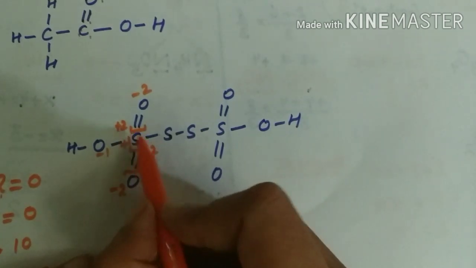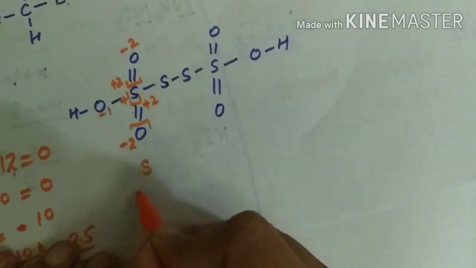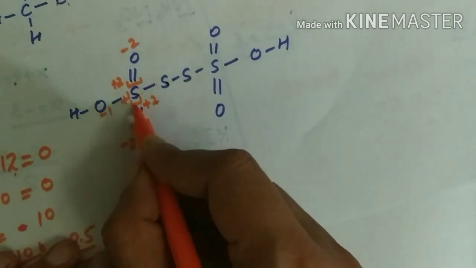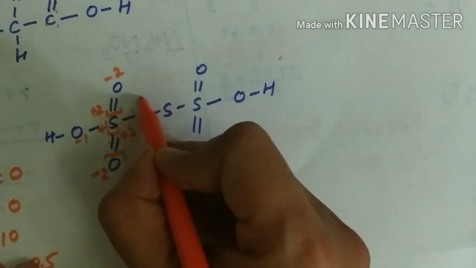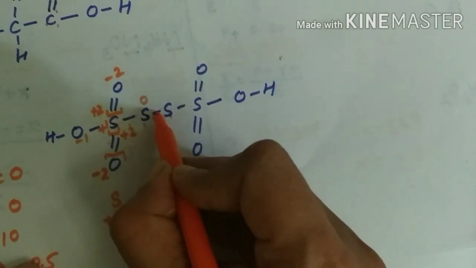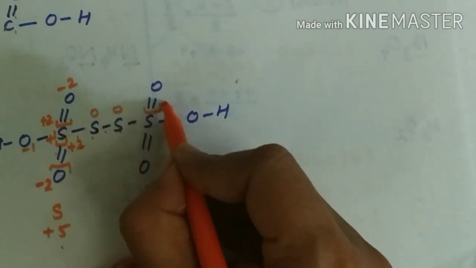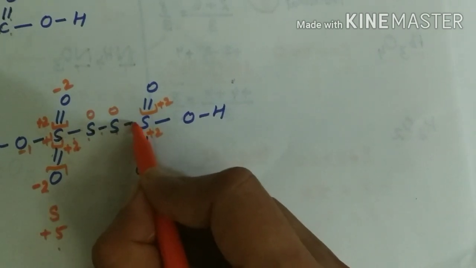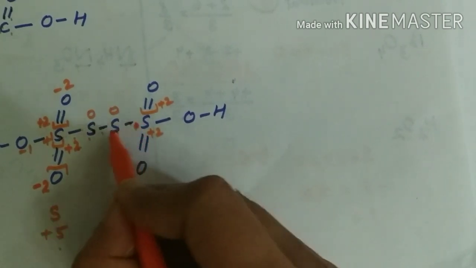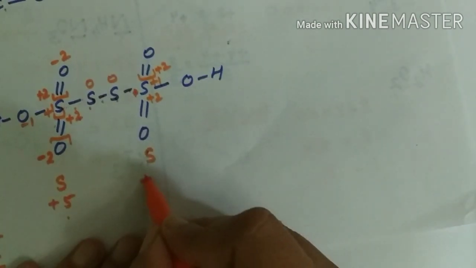So here the oxidation state will be 2 to 4 plus 1, 5. So sulfur has a +5 oxidation state in this case. Now here it is making the same type of bond, so 0 oxidation state. This also is the same, 0. Now in this case again +2, here +2, here it is the same type, here it will be +1. So this also has a +5 oxidation state.